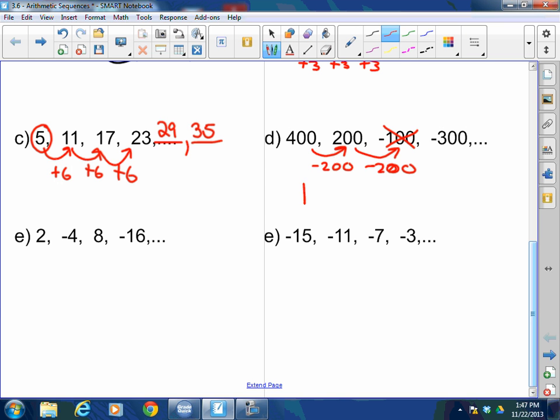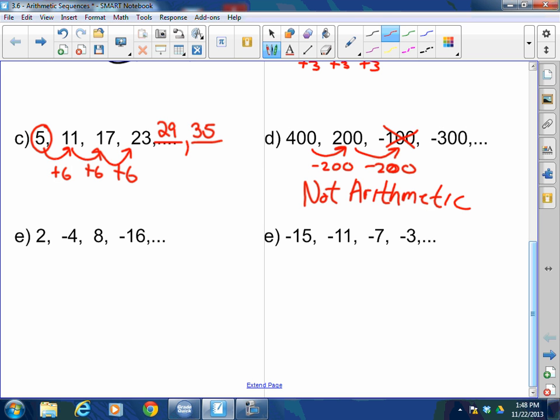So this is no sequence here. It's not arithmetic. And actually, I shouldn't say that it's not a sequence, because maybe it's a different type of sequence. This is just not arithmetic, because you're not repeating that same value over and over by addition.